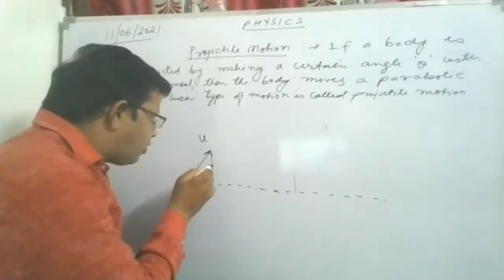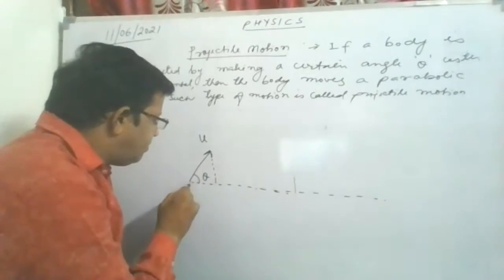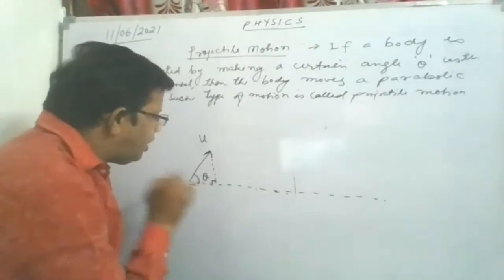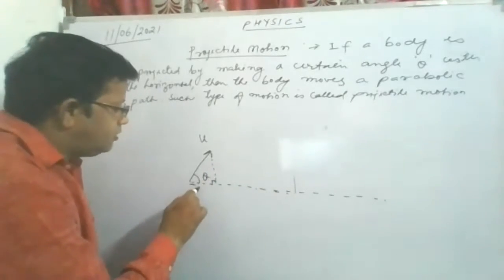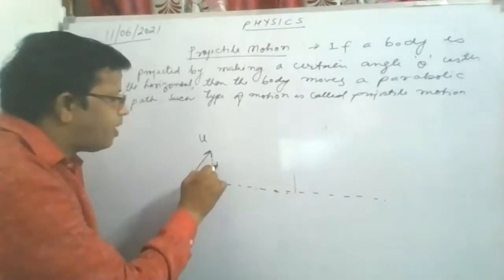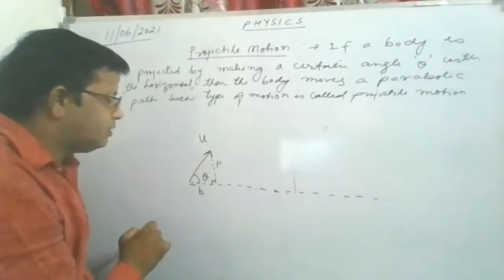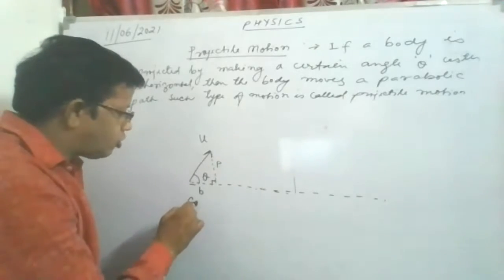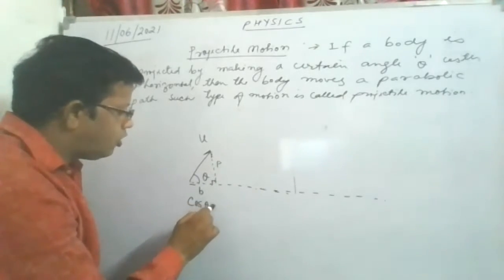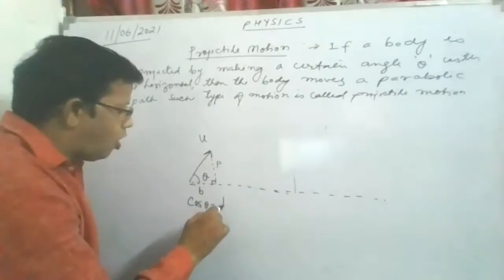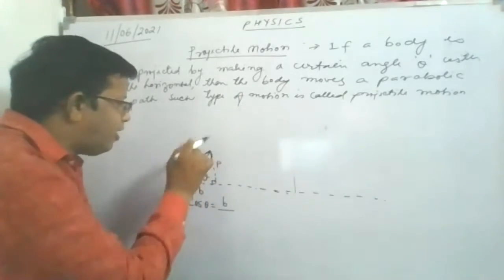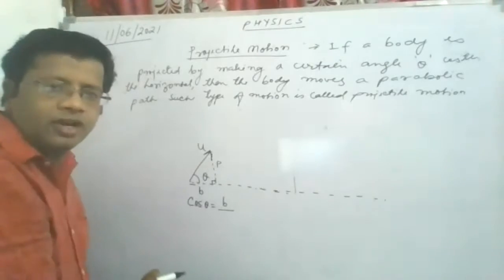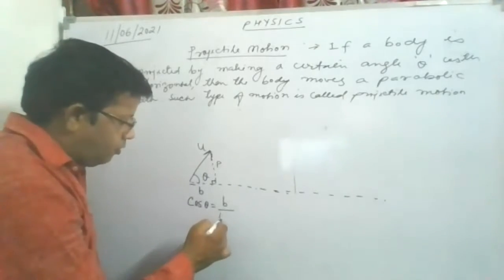You draw a perpendicular, beta, see here, 90 degrees. This is the hypotenuse, this is the base, this is the perpendicular. Cos theta is equal to base upon hypotenuse. Hypotenuse is the velocity vector u.